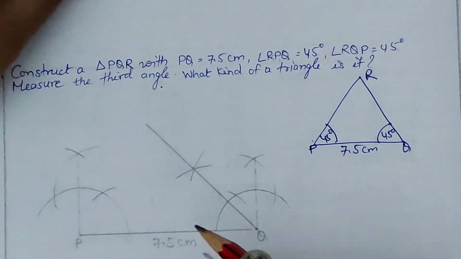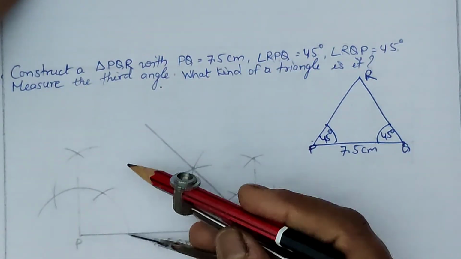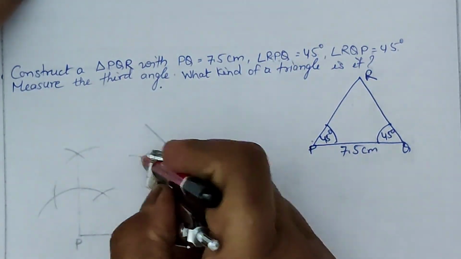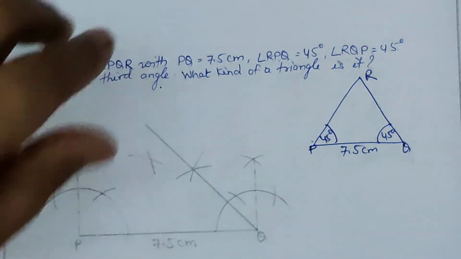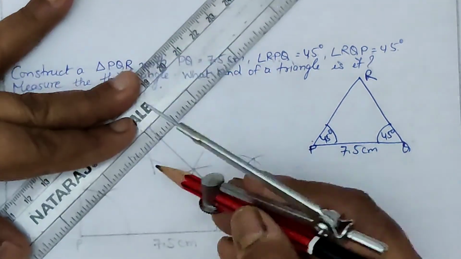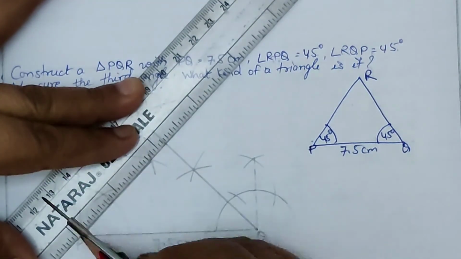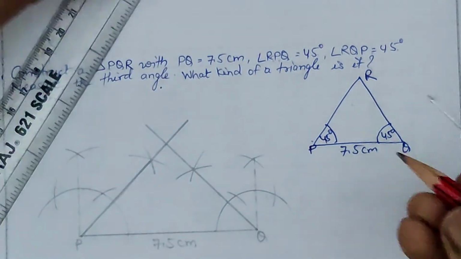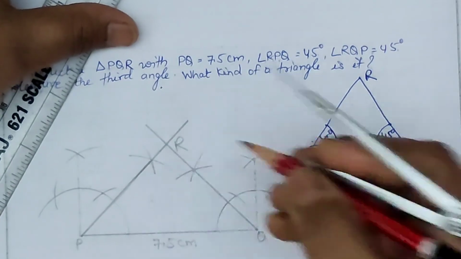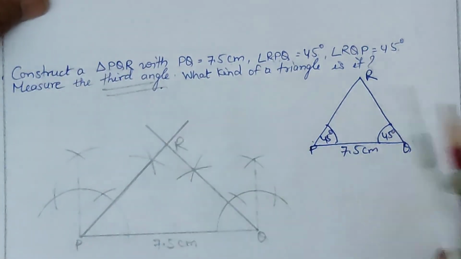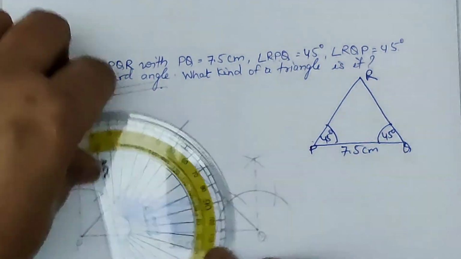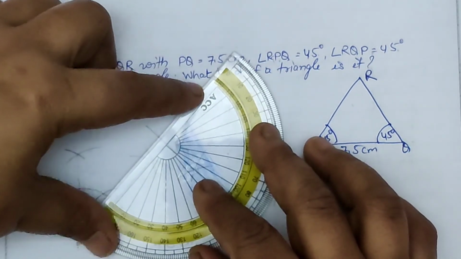This is 90 degrees and bisect. Produce and meet at point R. Now measure the third angle. Okay. Now put the protractor and measure.